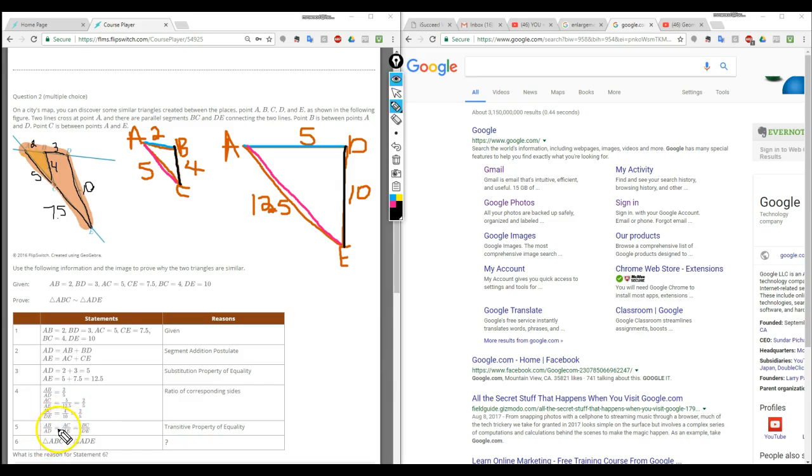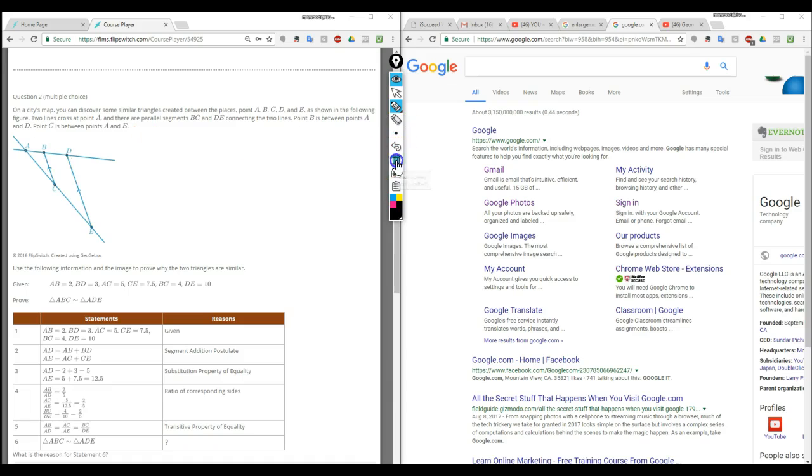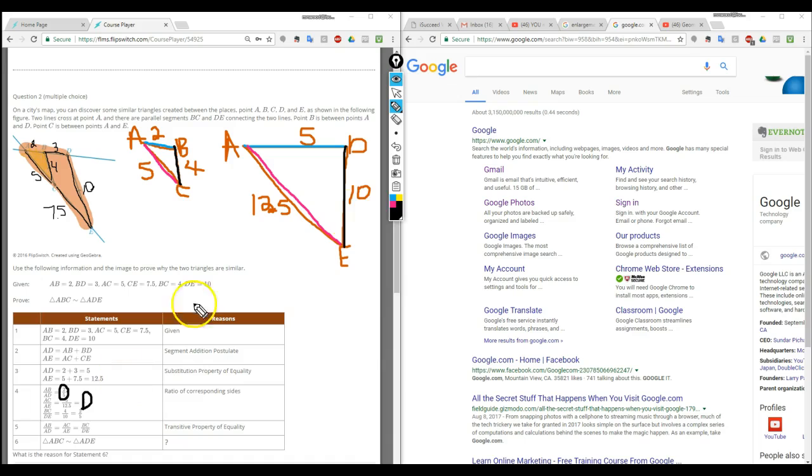The transitive property: since AB over AD equaled 2 over 5, and 2 over 5 equaled AC over AE, we can state that those two are equal. So they're just cutting out the 2 over 5.